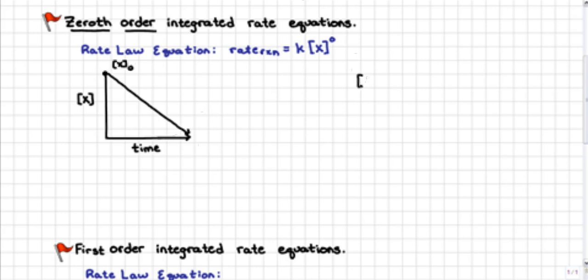The equation is going to relate the concentration of X at some time t that we're free to pick and choose, and that concentration is going to be equal to the negative rate constant K, the same K that we associate with the reaction rate law, times t, t standing for time in this case, plus the initial concentration of X. I'll put a little 0 down here to tell us that is the initial concentration.